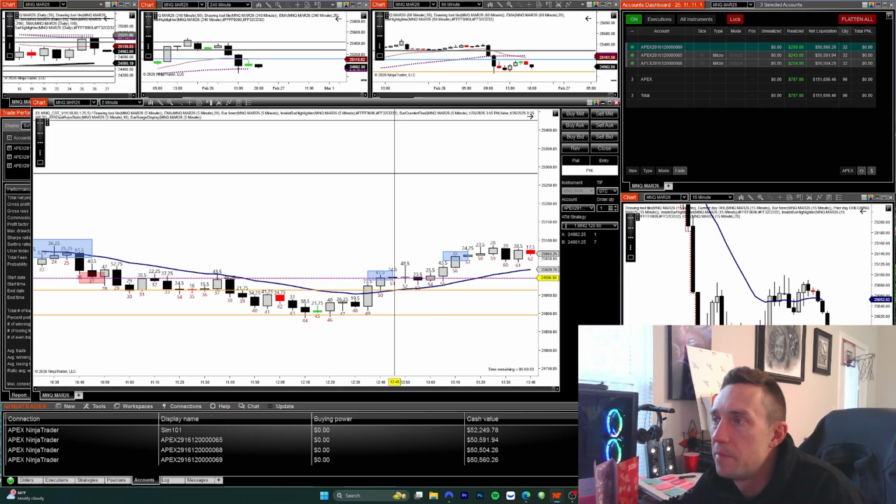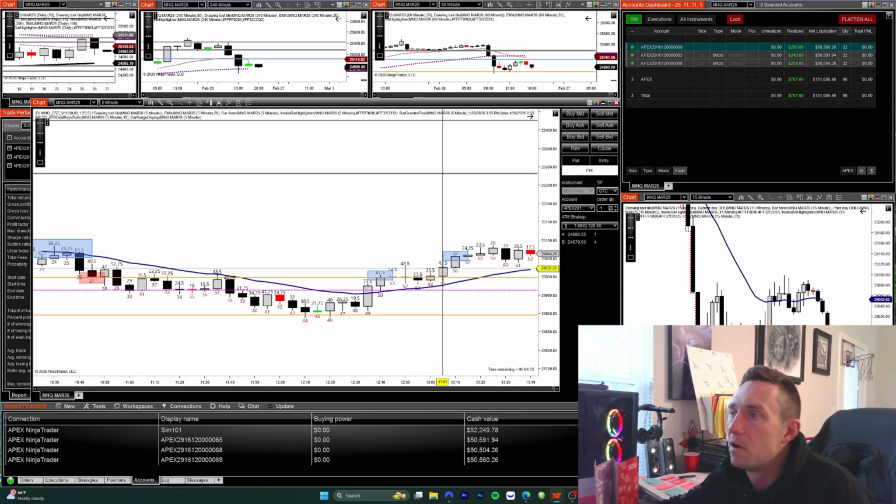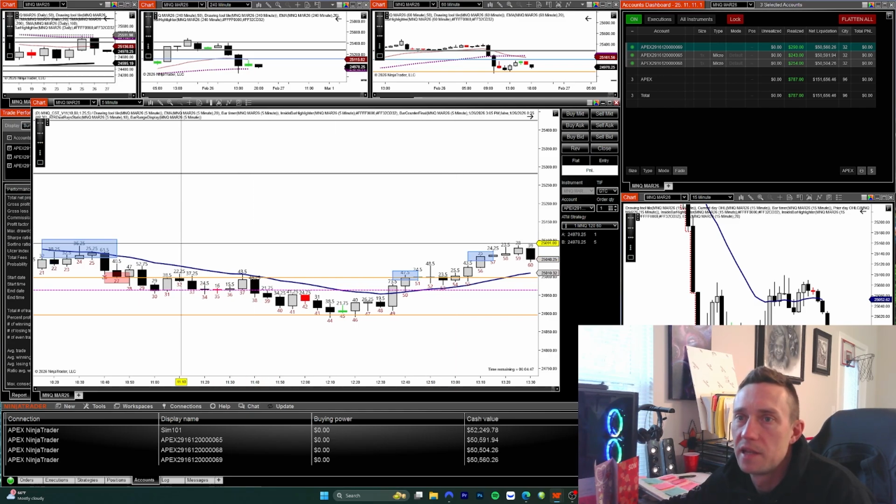So I decided to be patient. We had this little bit of sideways bar action here, sideways single bar range. I don't mess with that. And then we had bar 55, which looked decent, and then bar 56 looked pretty strong. But since we were at this level here, at the high of bar 24, we were getting close to that.